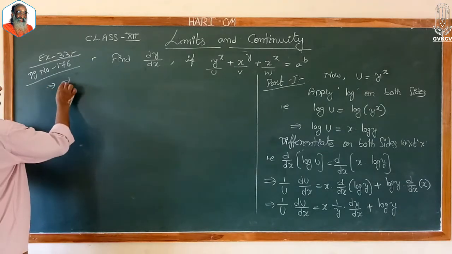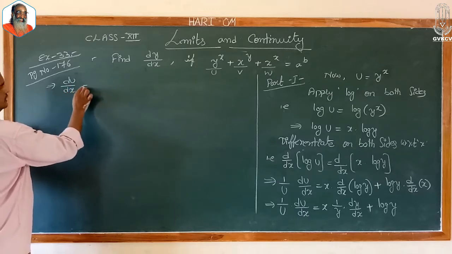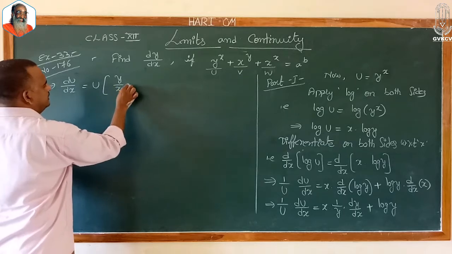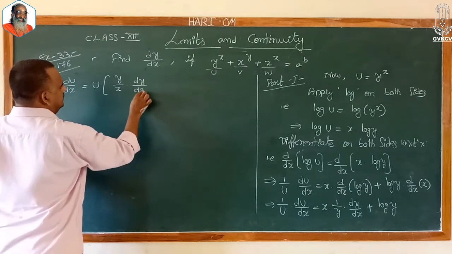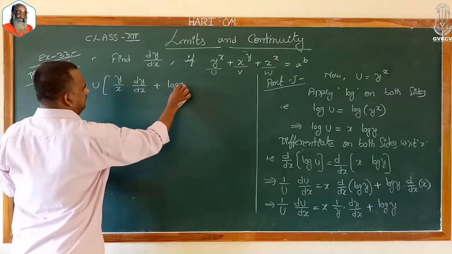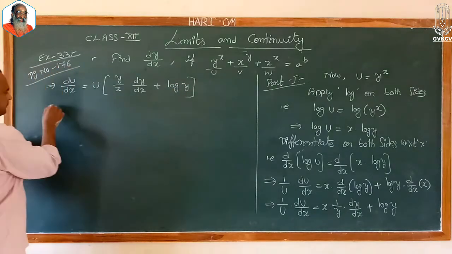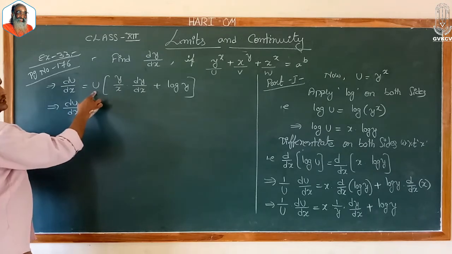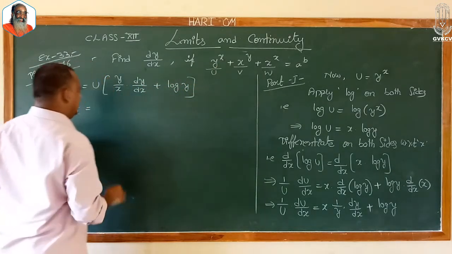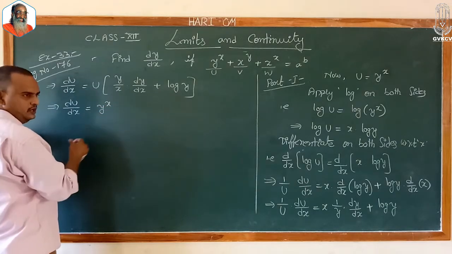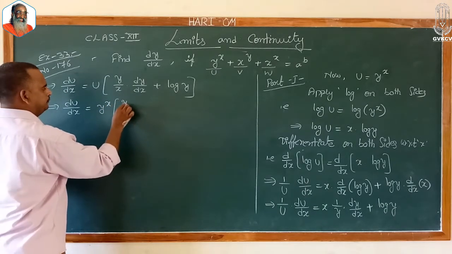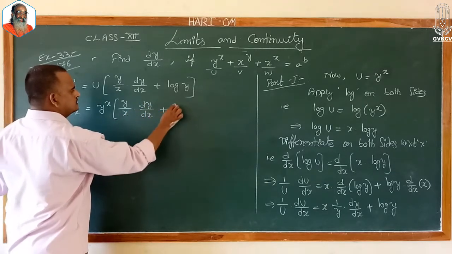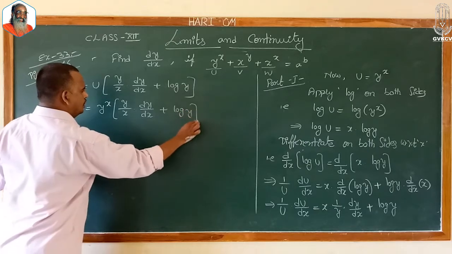What we have? du/dx = u into (x/y into dy/dx + log y). That implies du/dx = u, and what is u? We have considered y^x. So y^x into (x/y dy/dx + log y).